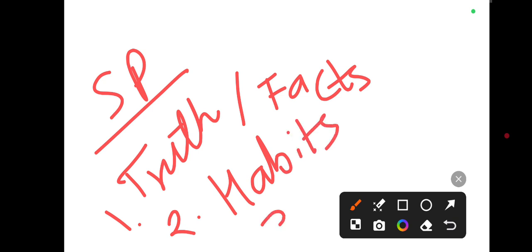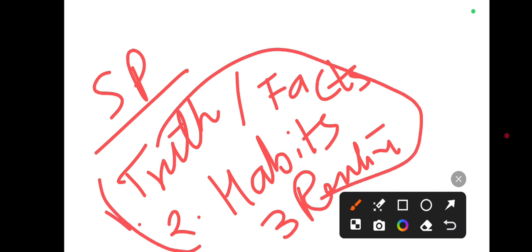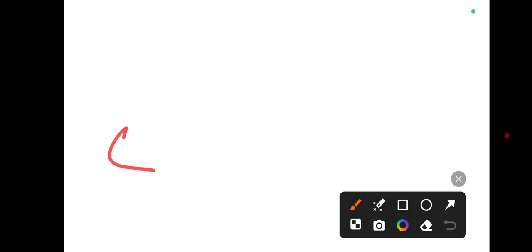Number two, simple present tense is used for habit, for routine, for recurring movements, for commentary, right? For all these purposes, we use simple present tense. Structure is very simple. I told you, subject, verb, and object.